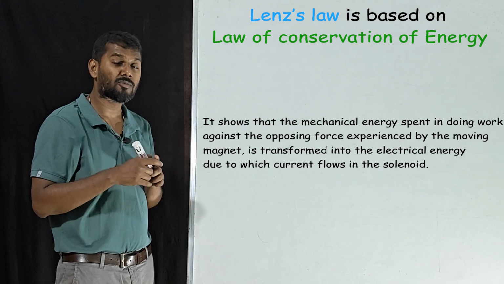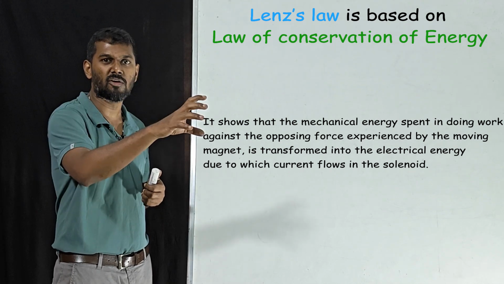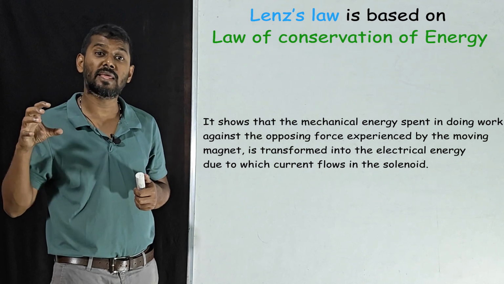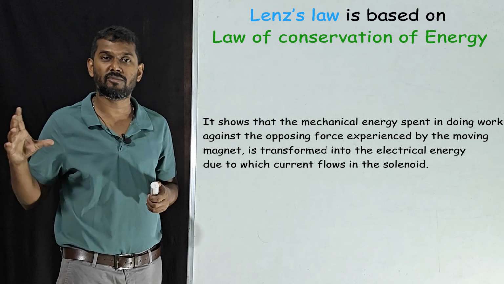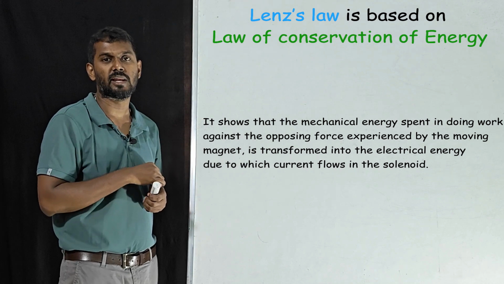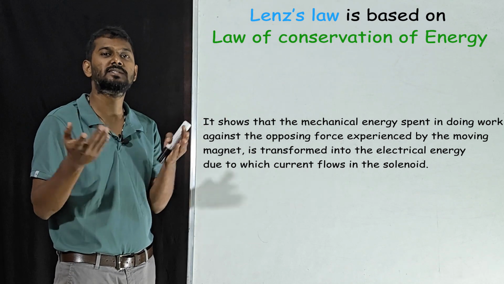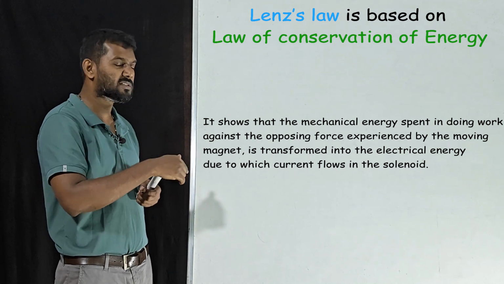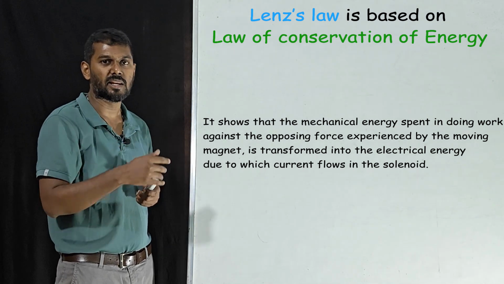The input we are giving is the movement of the magnet, which is nothing but mechanical energy. Mechanical energy is spent in order to produce electrical energy. So one form of energy is converted into another form, and the total energy remains constant. This is nothing but conservation of energy. So in Lenz's law, the complete mechanical energy is converted into electrical energy.